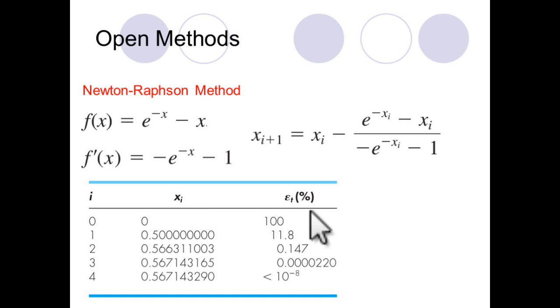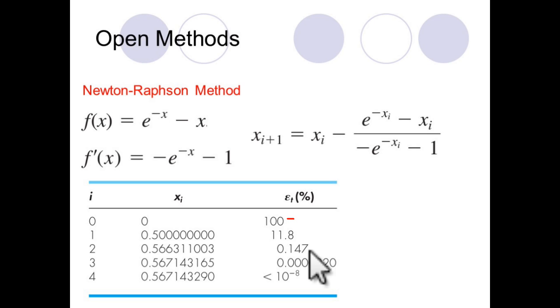Now let's look at the convergence. In the first iteration the true error is 100%. For the second iteration we reach a value of 0.5, and then the error decreases to 11.8.